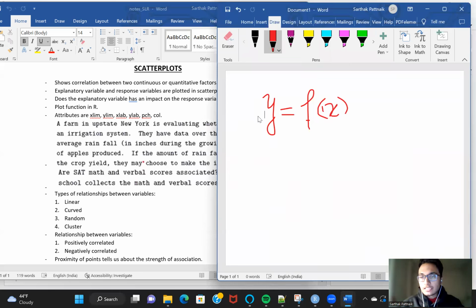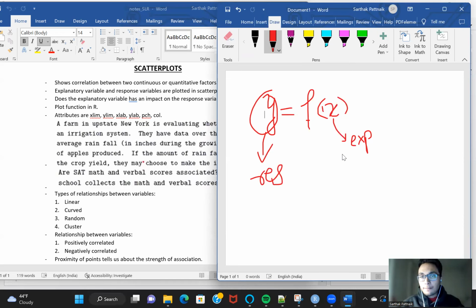This was the most basic equation that we studied in mathematics when we studied functions. Here, y is a function of x. So x in this case exists independently, and x determines y. The way x changes has an impact on y. Hence, x in this case is explanatory and y in this case is a response variable.